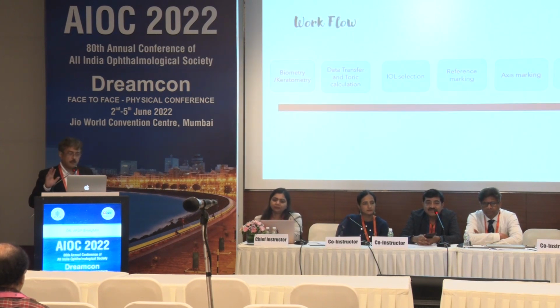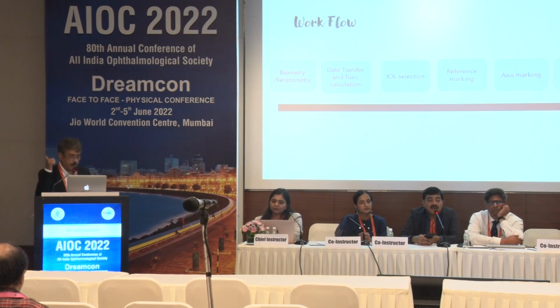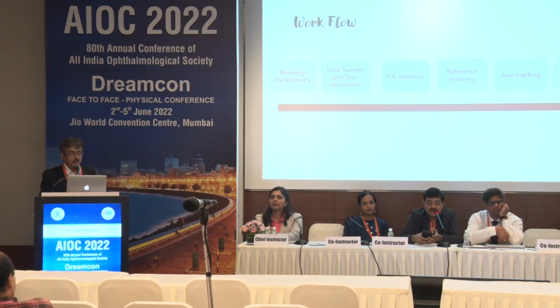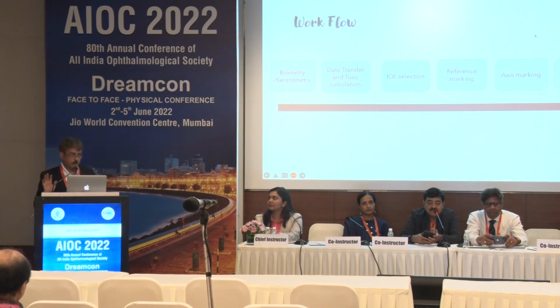So this is basically the workflow: the biometry, data transmission to your optometrist or whoever maintains the stock, IOL selection and reference marking, axis marking and IOL implantation. Anything that goes wrong can ultimately result in residual astigmatism or refractive surprise.